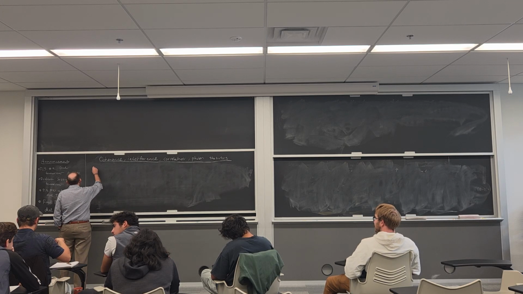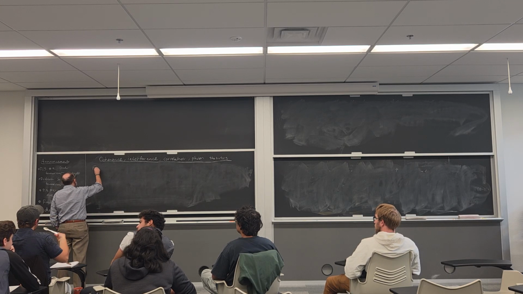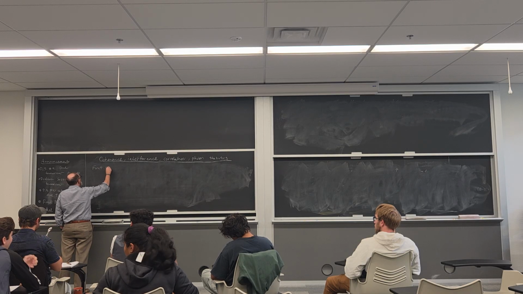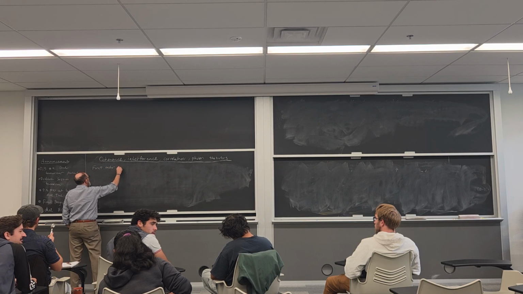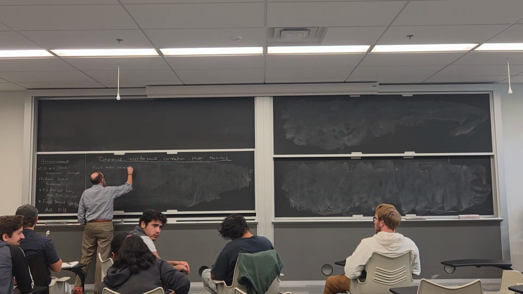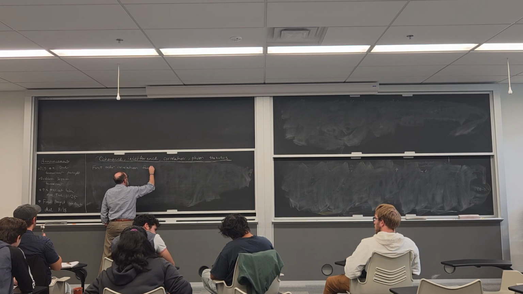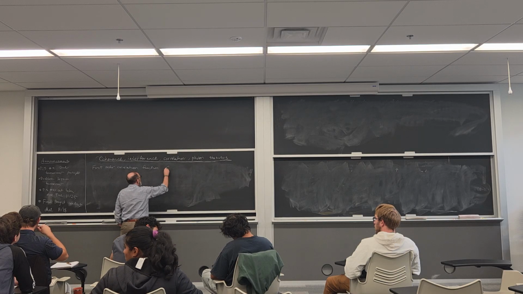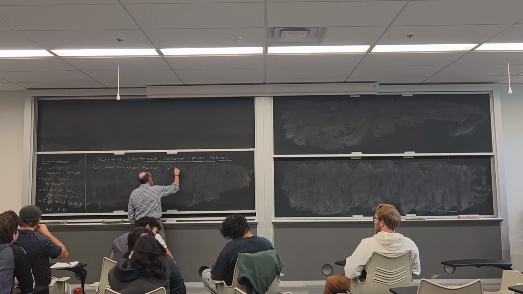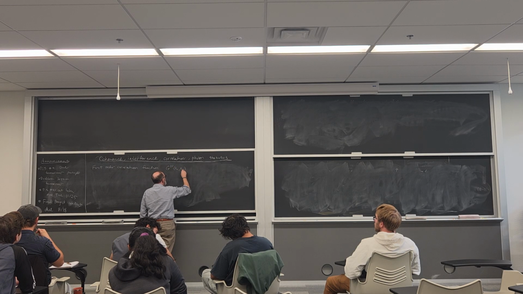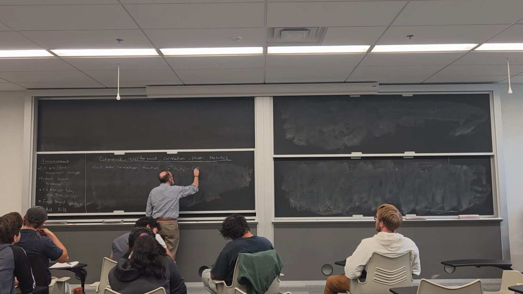So we've had this first order correlation function. We call it G1, correlating the field with itself at two different times.